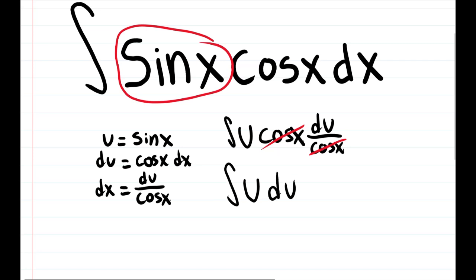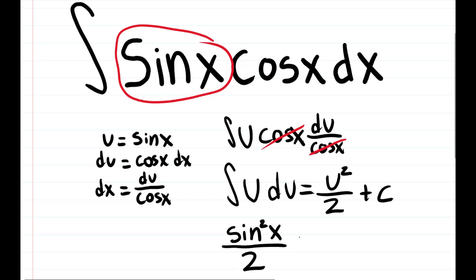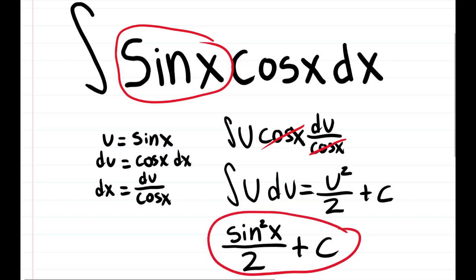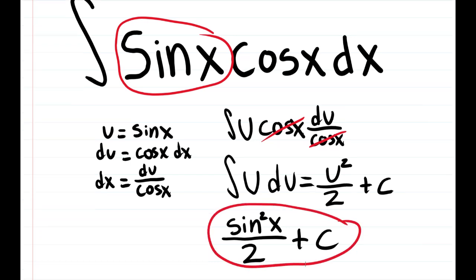And evaluating this integral gives us u squared over 2 plus c. And once again, our final step is to plug in u for our original expression, which was sine of x. So our final answer is sine squared x over 2 plus c. Let's move on to our last example.